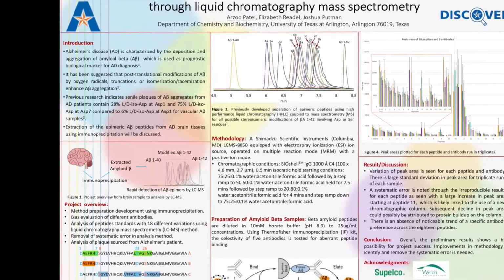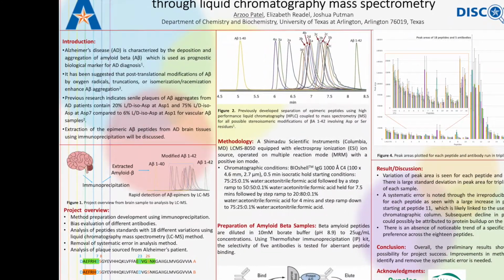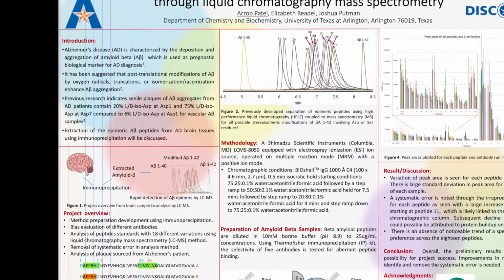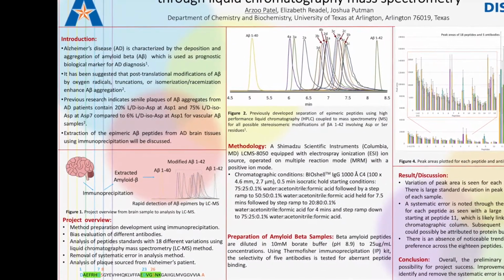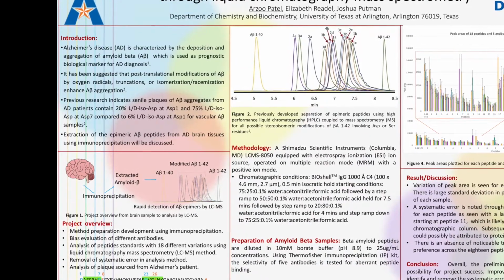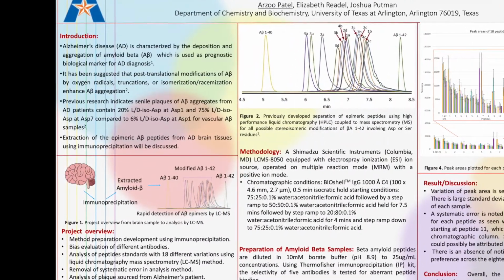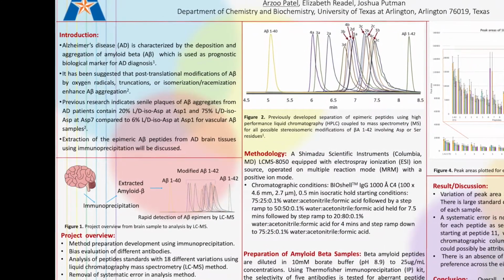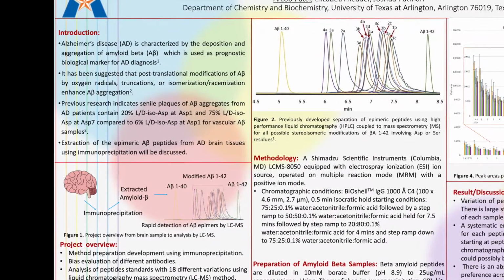It has been suggested that post-translational modifications of these amyloid beta, including isomerization and racemization, among others, enhances amyloid beta aggregation. An example of an isomerization of an amino acid residue would be L aspartic acid to D isoaspartic acid, and racemization would be L aspartic acid to D aspartic acid.